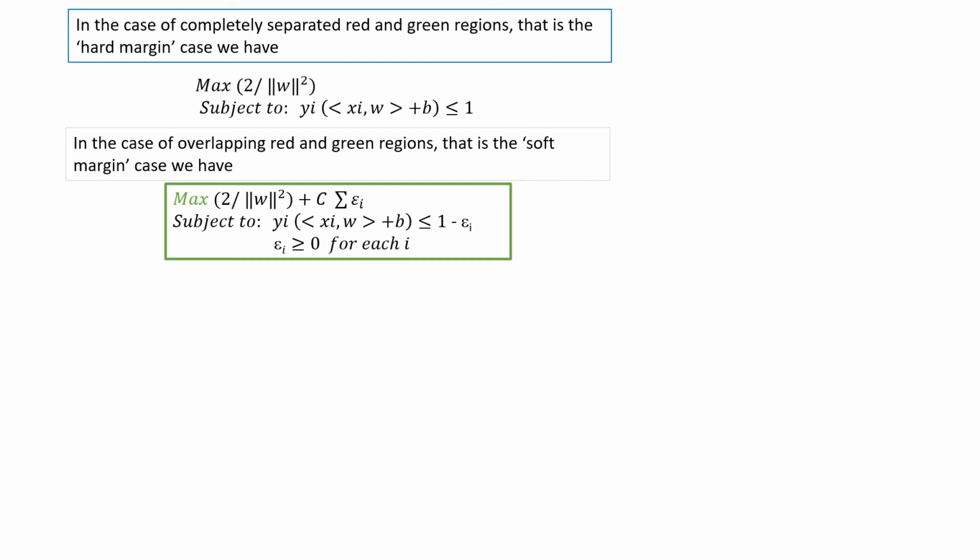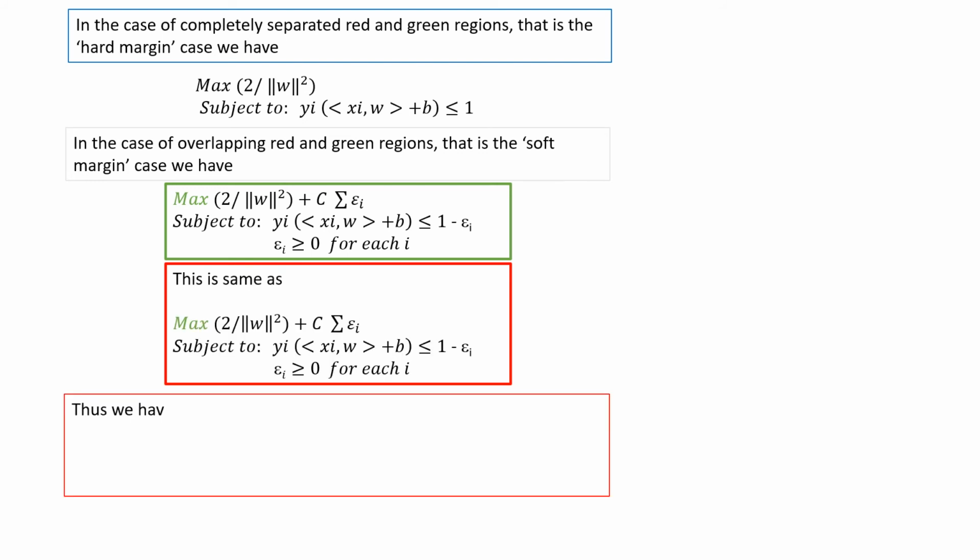If there are 100 data points, then in this case we have 17 data points. So out of 17 equations, the inequalities, 2 of them have this epsilon i error-adjusted condition. Everything else is the same, as you can see, nothing has changed here, and thus we have the optimization setup. Alternatively, I can write it as a minimization problem.